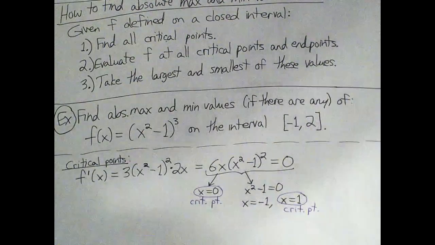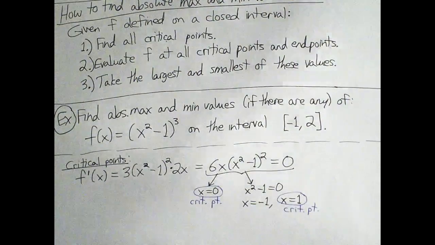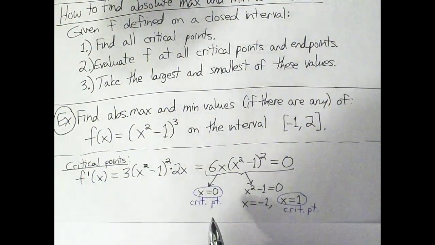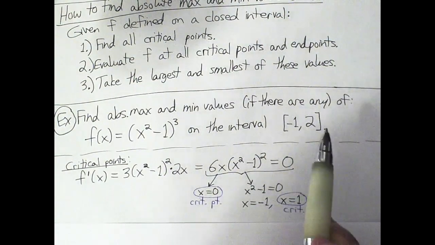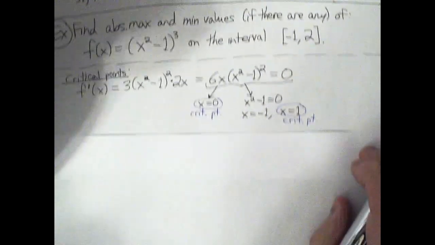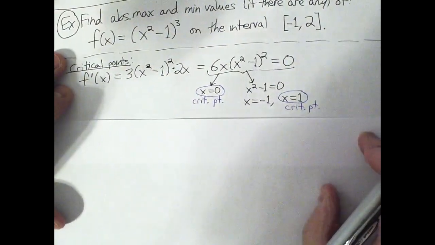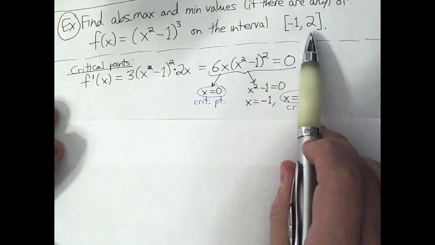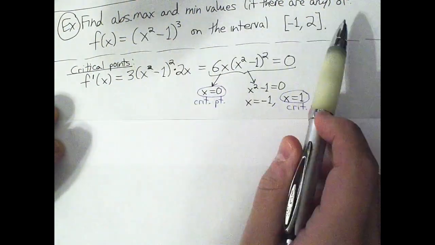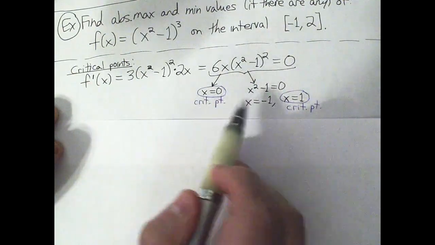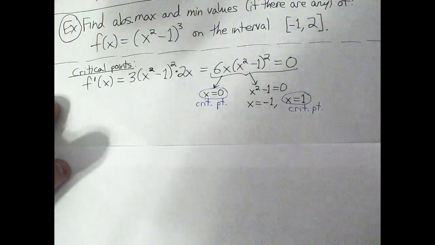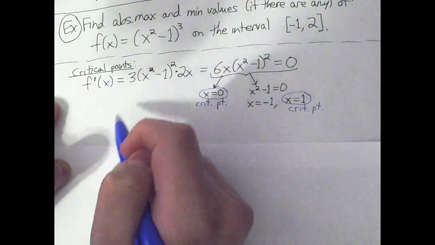Let's move on to step 2. Also, when you're doing this process, if you find anything that's blatantly not in the domain at all, like x equals 3, just throw it out. We can't possibly have a maximum or a minimum value occur outside of the domain. So this is the moment when you would check that. There was something that I said out loud that I want to put in writing.